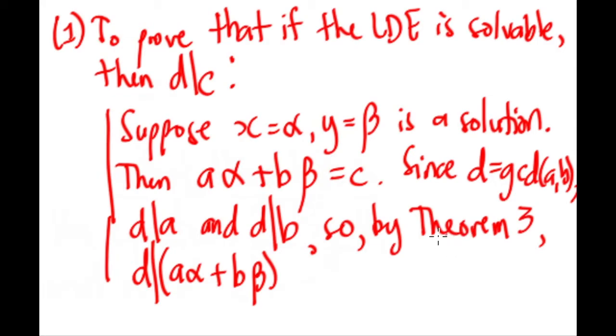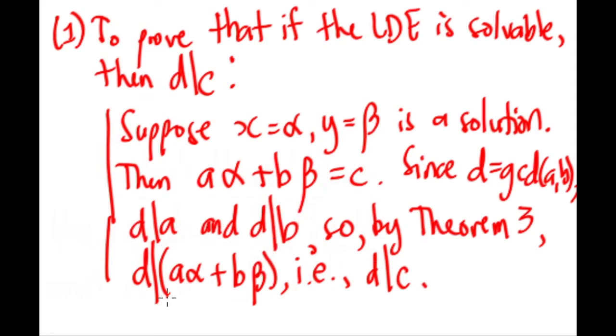Okay, maybe you can watch the theorem 3 before this, or visit it right after. So if this is true, that is to say that D divides C, since C is equal to A alpha plus B beta. D is the GCD of A and B, so D is a factor of A, and D is a factor of B also.